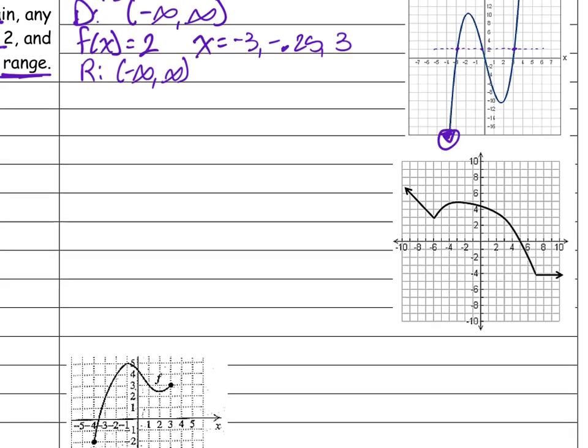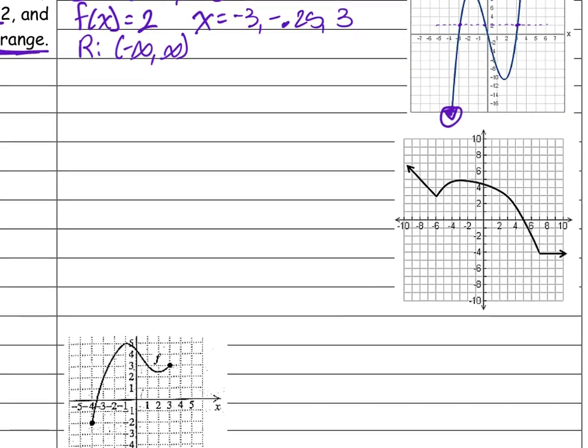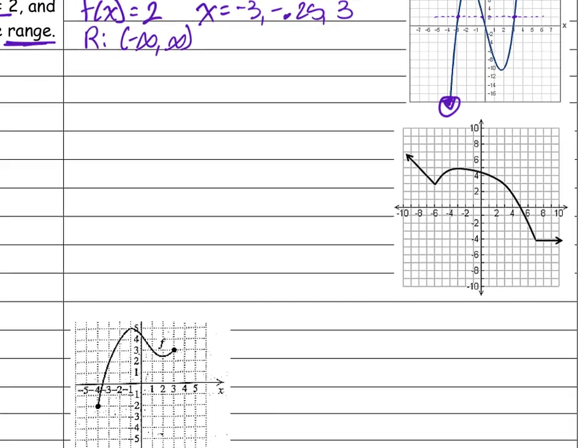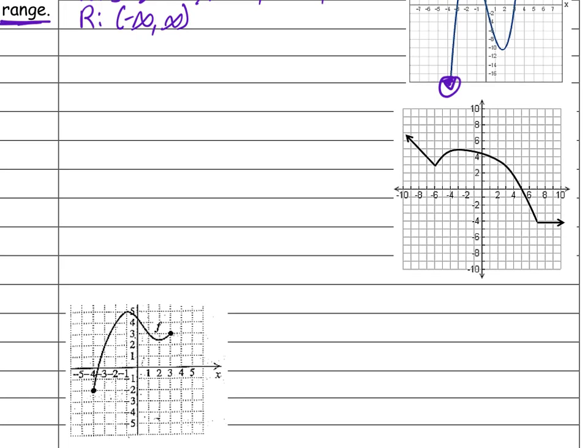Okay, so same thing on the next one. I have a different graph this time. So I've got f of 1. So at 1, let's see, my graph is 1, 2, 4 equals 4. Okay.